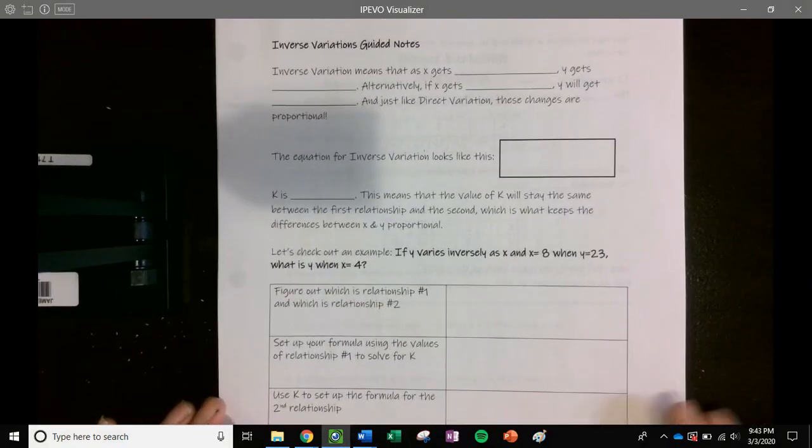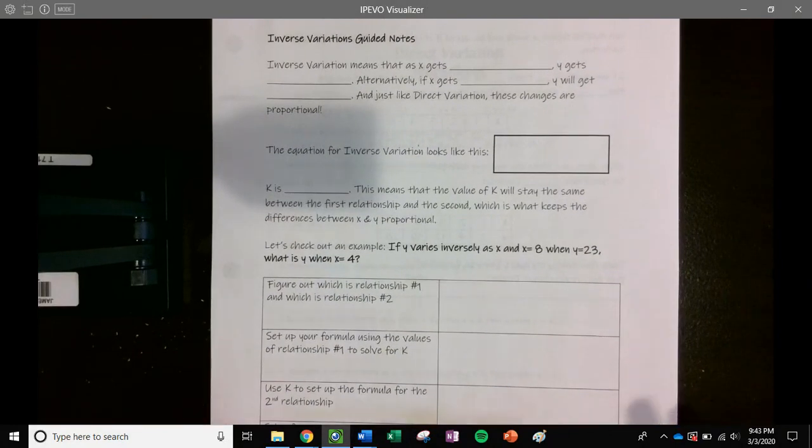And of course, we're going to throw in a curveball here with inverse, because every relationship of input and output is not going to get proportionally bigger every time, or proportionally smaller. Sometimes things are going to move in opposite directions. Totally fine. That's inverse variation.